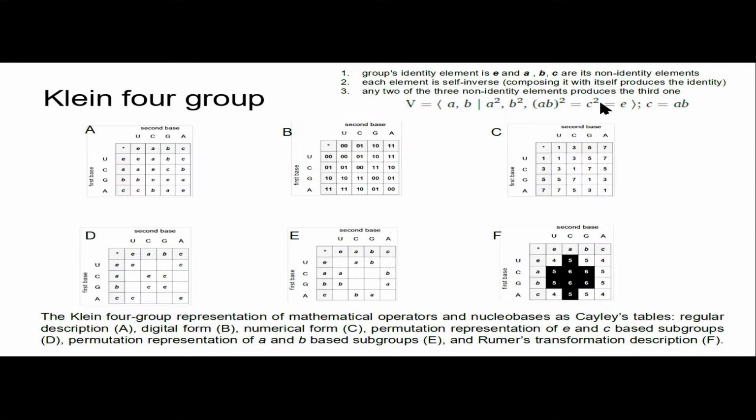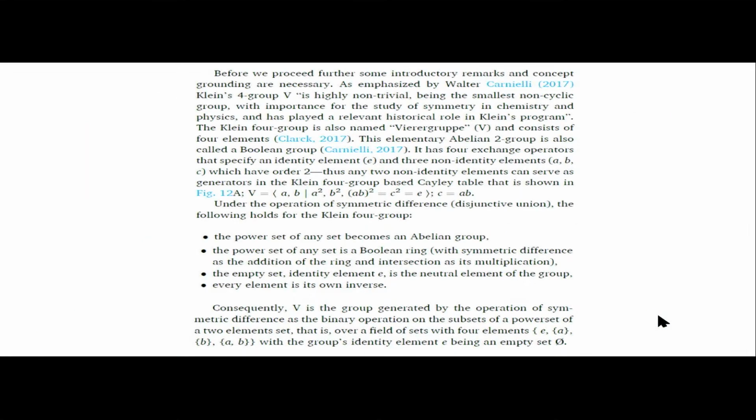Three non-identity elements; two of them produce the third one. It basically shows the XOR operation in the context of truth function or technical devices and so on. And we can represent it in a digital numerical form as a partly permutation representation of subgroups.